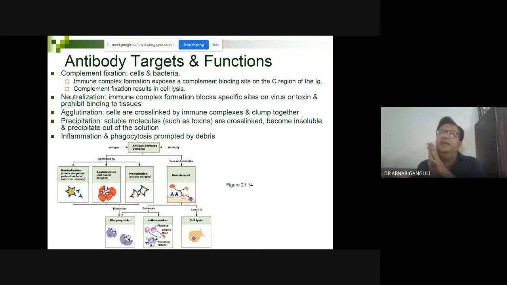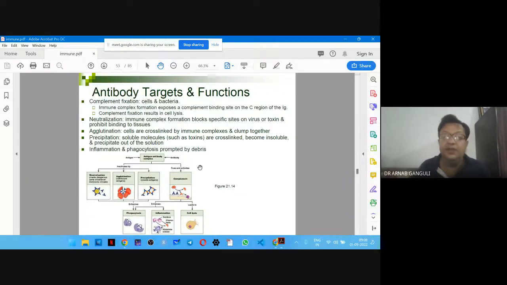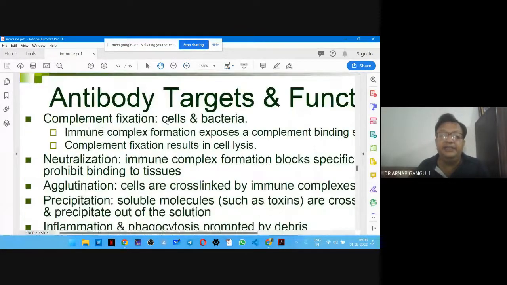Once they're insoluble, they cannot harm your tissues. And the debris which is formed, inflammation and phagocytosis are stimulated by the debris. Later we will see this photo, the same thing, in a larger manner.